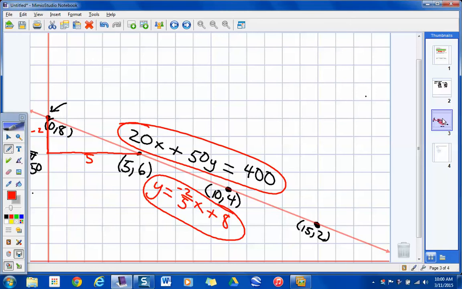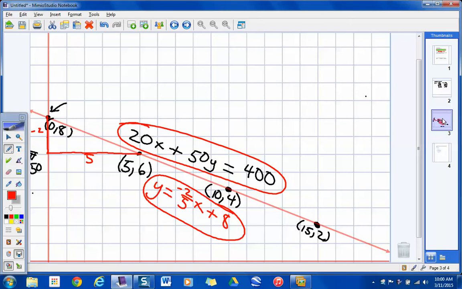We plotted all the possible combinations to form a line. In this equation, some 20s, represented by x, plus some 50s, represented by y, total value 400. Do you recognize this as ax plus by equals c?